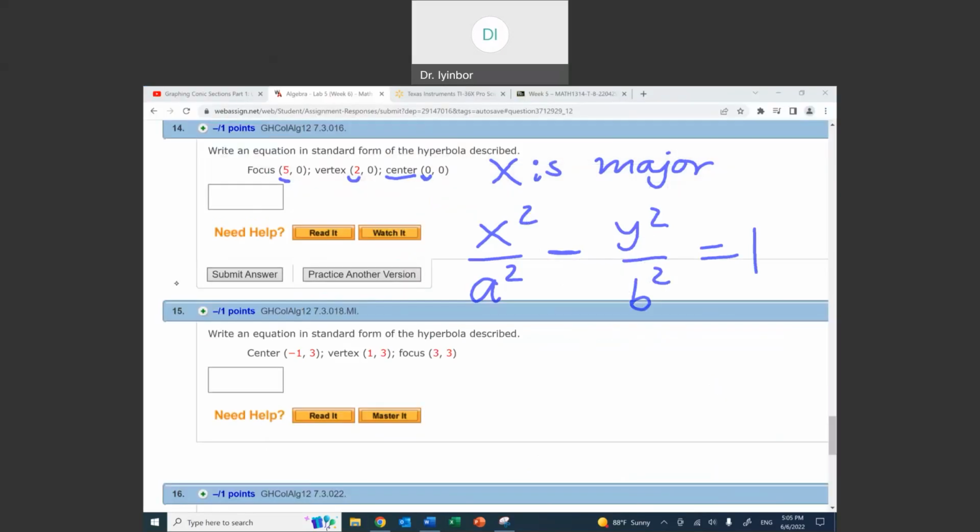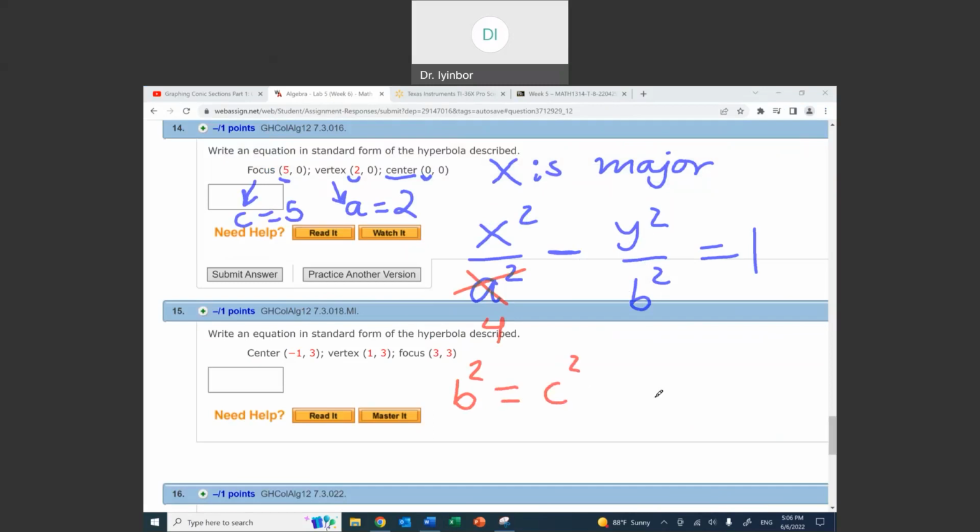Now, what is given? Focus. Focus gives me c. What is c? 5, because from 0 to 5 is 5. Vertex is going to give me a. What is a? From 0 to 2, the distance is 2. So right now I can replace a squared with 2 squared, which is 4. Now I don't have b. I'm going to use the formula for hyperbola, b squared is c squared minus a squared.